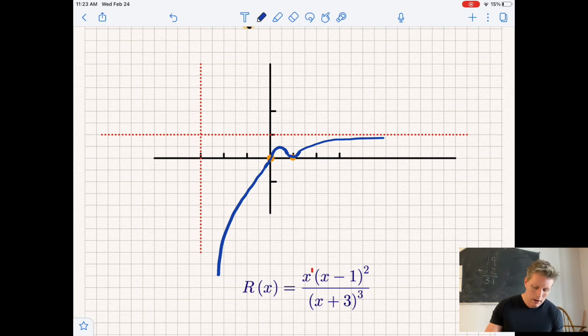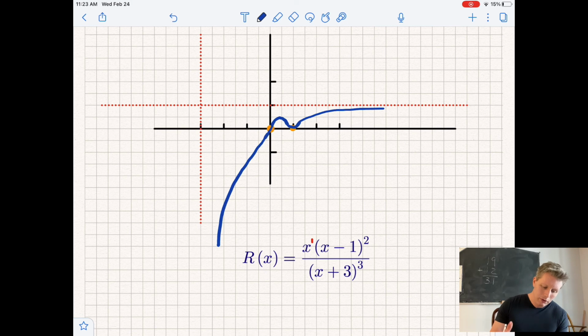So now I consider what the graph is going to look like on the left-hand side of the vertical asymptote. And to work that out, well, I look at the factor in the denominator. That x plus 3 factor is what's giving me that vertical asymptote at x equals minus 3. And the factor x plus 3 is raised to the power 3. 3 is an odd number. It's raised to an odd multiplicity.